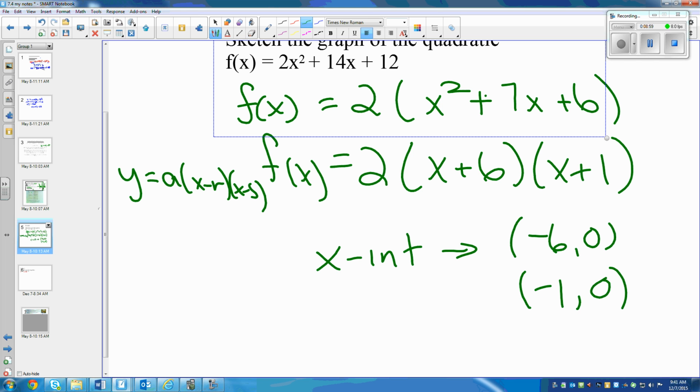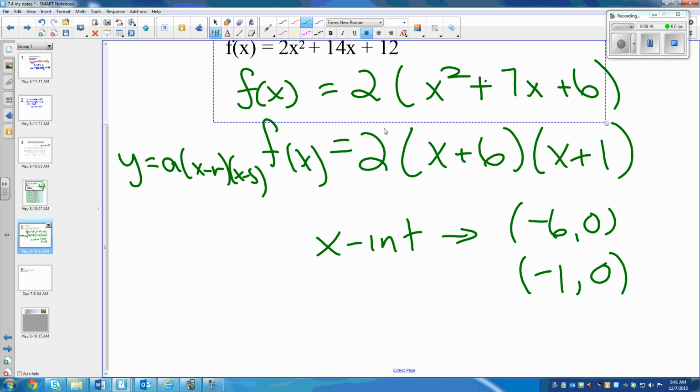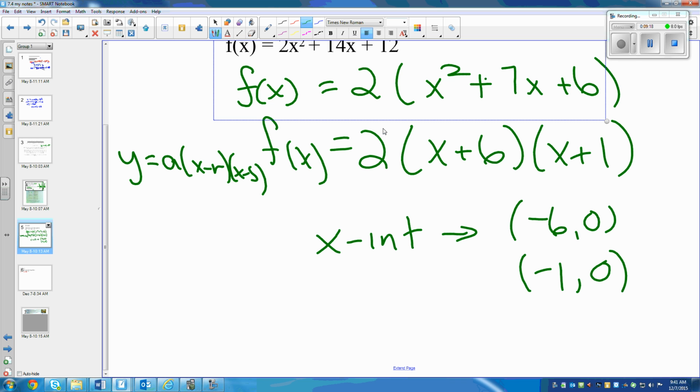How did he come up with those? Right, so he took both of the factored forms, x plus 6, set it to 0. X plus 1, set it to 0, solved. Right? So that was one of the key things we could get out of here. The second key thing we could get is our y-intercept. What's our y-intercept?